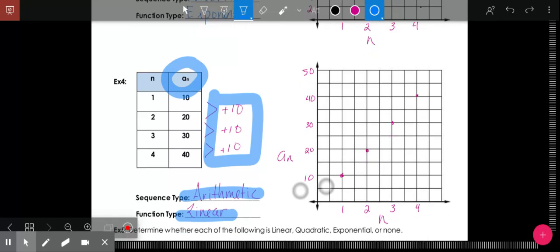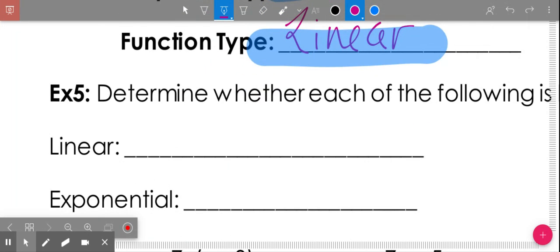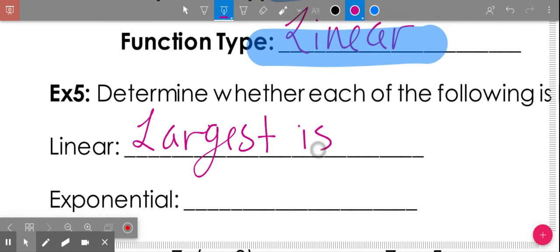All right, so looking at the last one, example number 5, we're determining which of the following is linear, quadratic, exponential, or if it's nothing. Anytime something is linear, we know that because the largest exponent is 1.